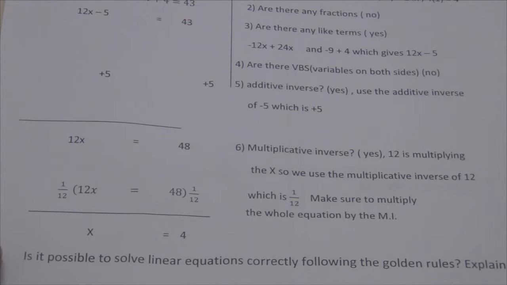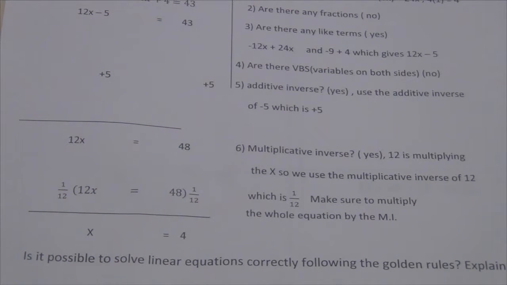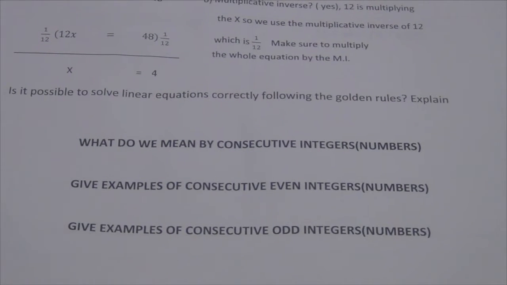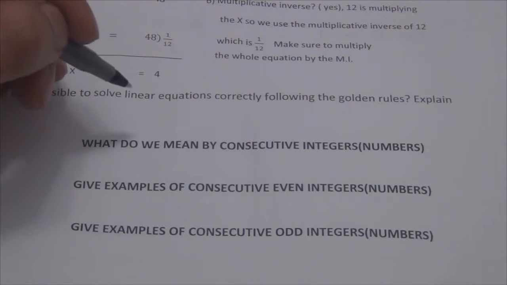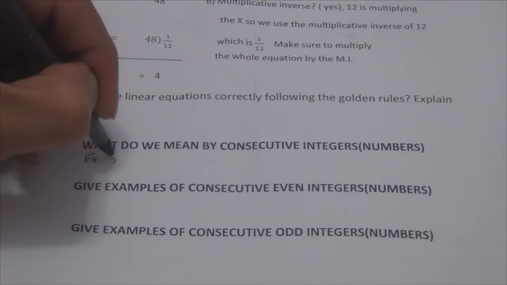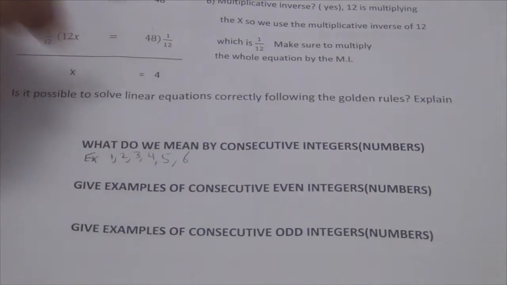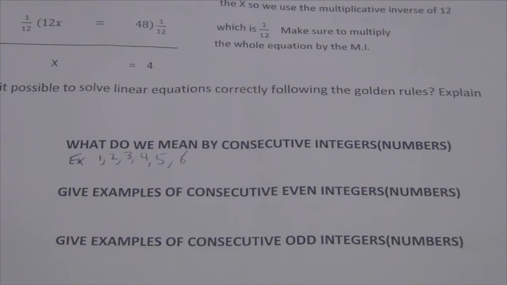Cool? Sure. Okay. So then, what do we mean by consecutive integers? All right. This is what happens. Consecutive integers are nothing more than numbers that go by ones. Like for example, 1, 2, 3, 4, 5, 6, 7, 8, 9, 10, and so on.